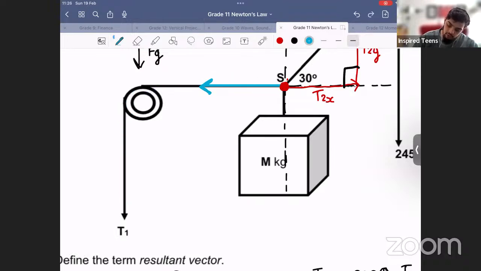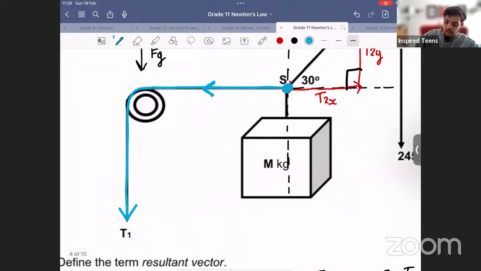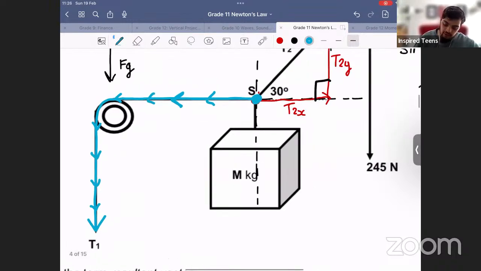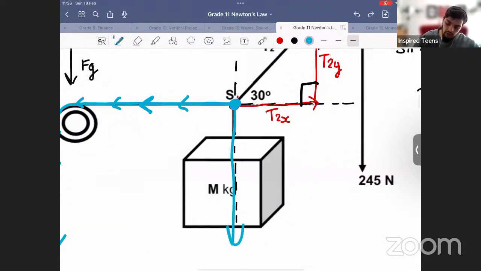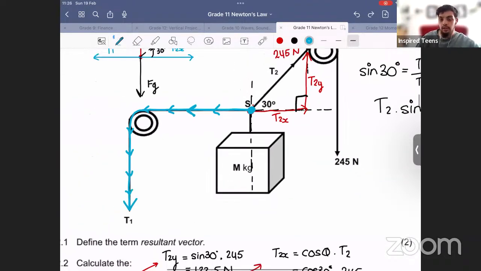Even though the tension is shown as downwards, it stems from here, and the pulley makes it face downwards, but it routes from the rope connected there. So it is the exact same tension on every part of the rope. However, it's not connected to this point downwards. It's connected to this point in a horizontal direction. That's why we take it to the left.